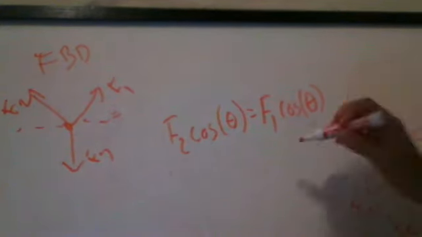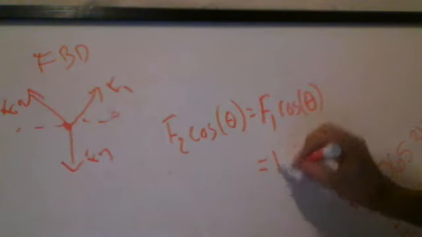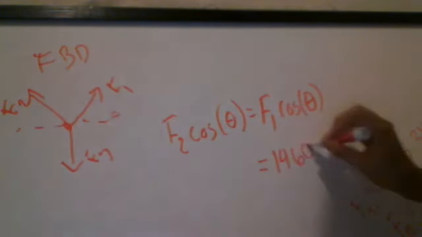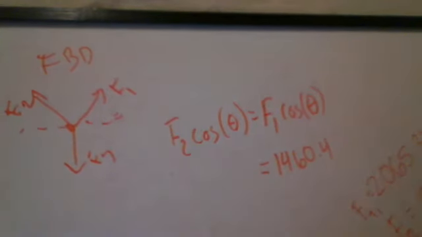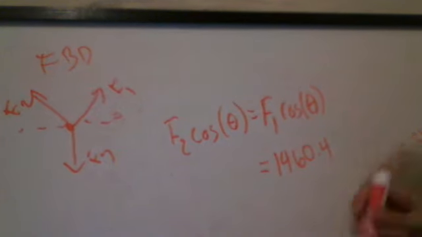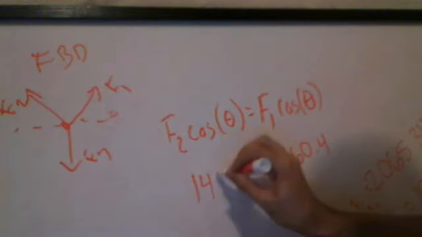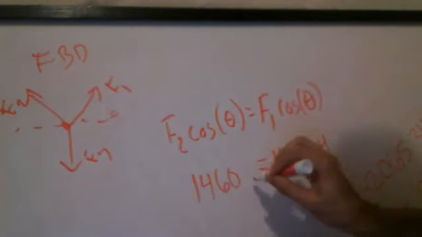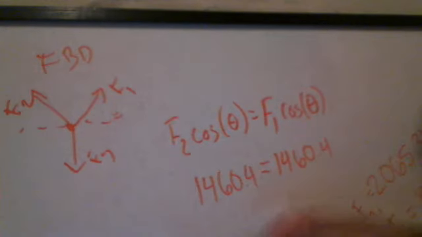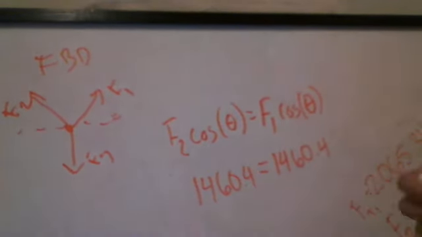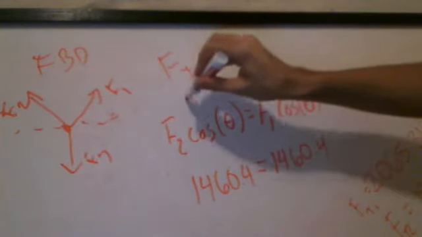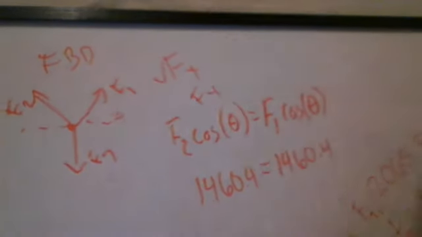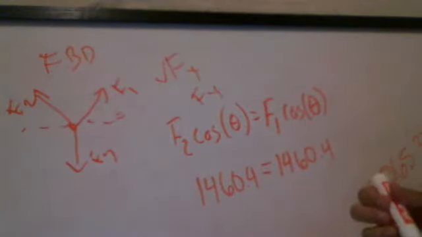This turns out to be 1460.4, or about that. And now that side, oh, look at that, 1460.4. Those two equal out, so it's a check for the x. You have to check both though. Force of x, force of y. Check for that. Now let's do the check for y.